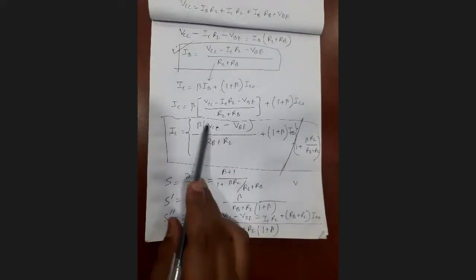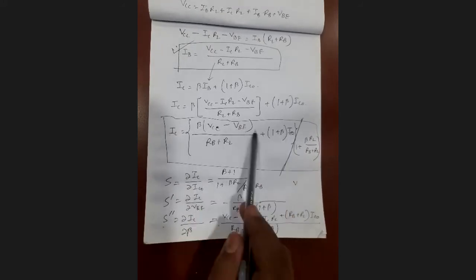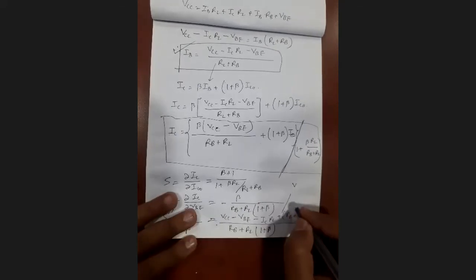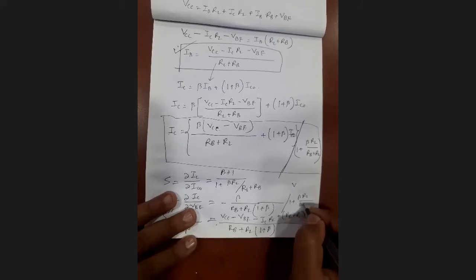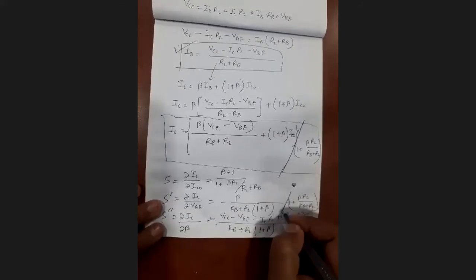Del VBE is 0, so that term is also 0, so only beta is there. In that case 1 plus beta RL, like this, is also included. Yes, that is correct.